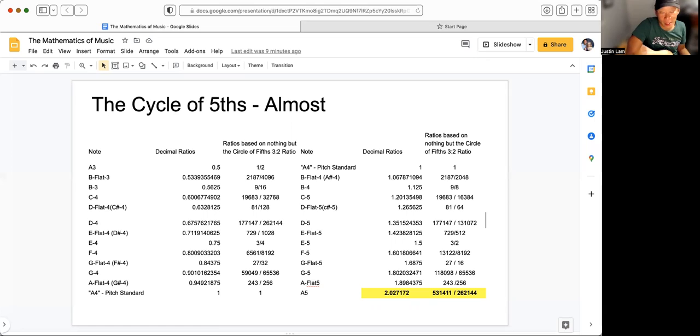As I finally iterate back to the A note, I'm almost at exactly 2. I'm at 2.027, which is more likely something over, I guess, 2 to the 16th power.